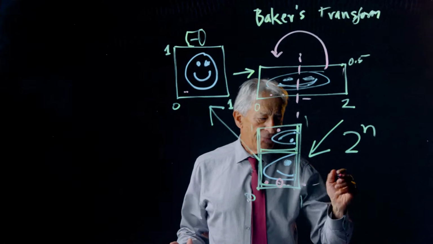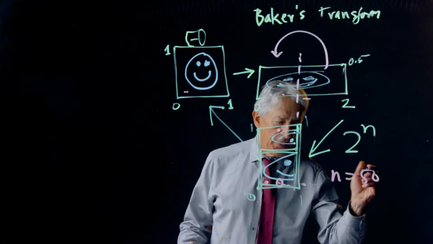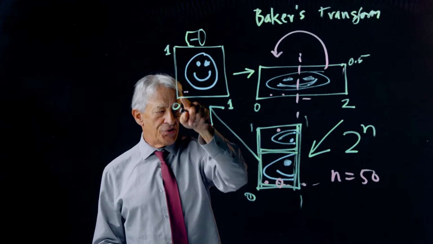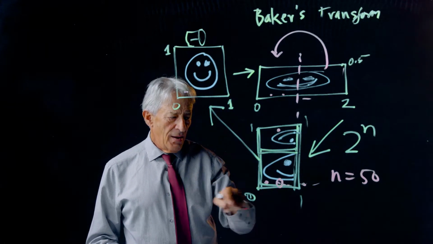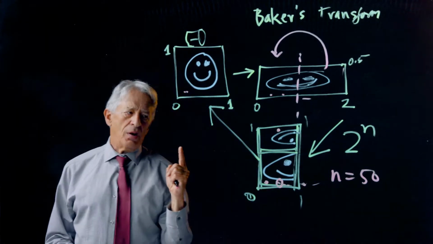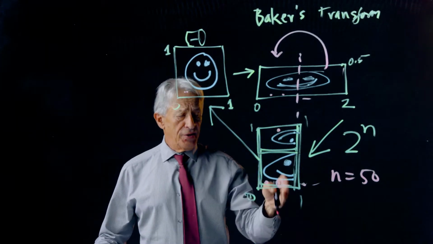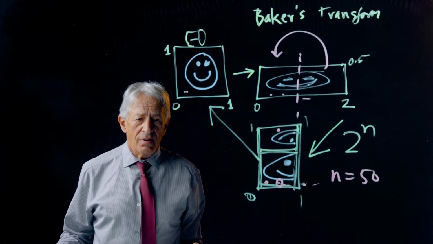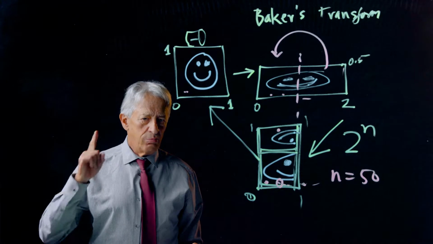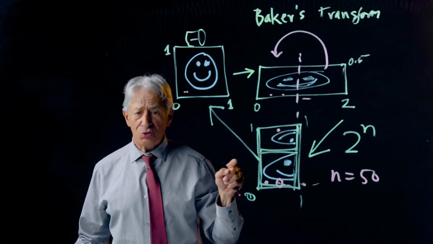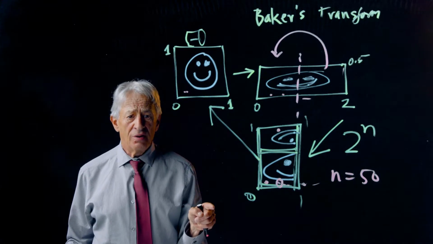And now, after, let's say, 50 cycles of this stretch, fold, reinsert, I tell you that raisin number 1 is in the upper half of the box. And I ask you, place your bets on where raisin number 2 is.